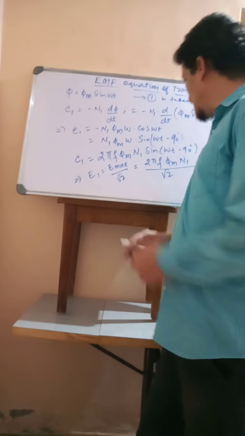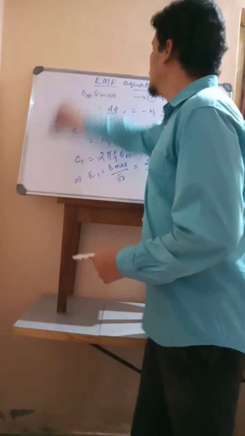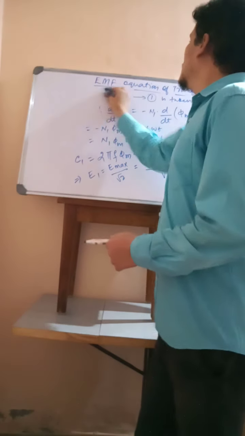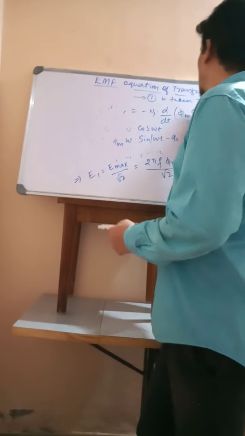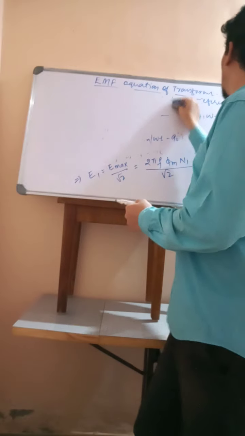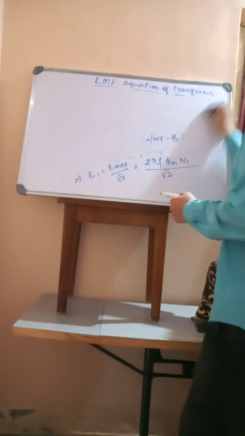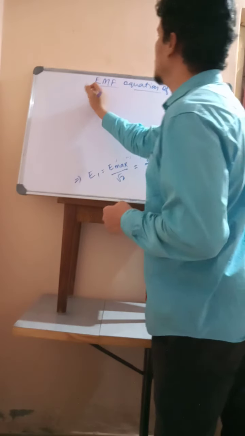Now it will yield E1 is equal to 4.44 into f into phi m into N1.